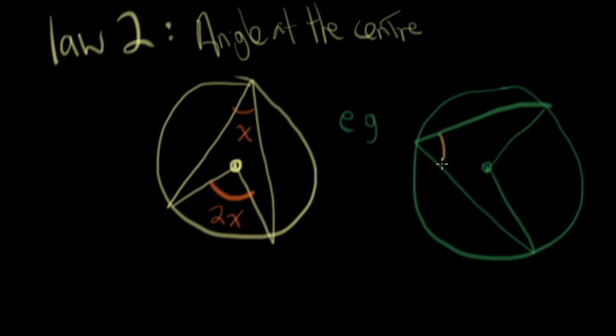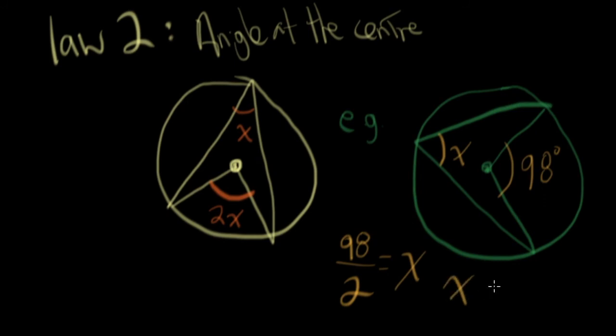So we'll call this x, and I'll say this is 98 degrees. You know that x is half of 98. So if you just divided 98 by 2, you would get x. So then x would be 49 degrees. Okay, so that's law number 2.